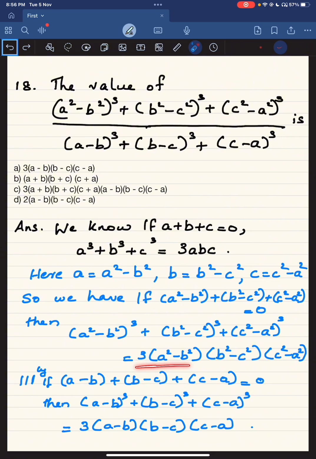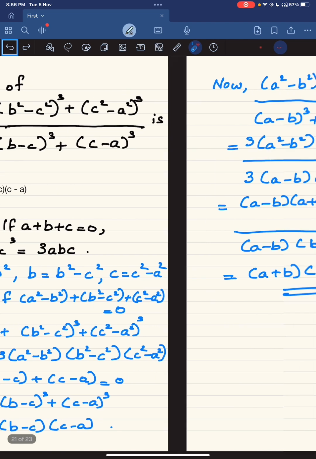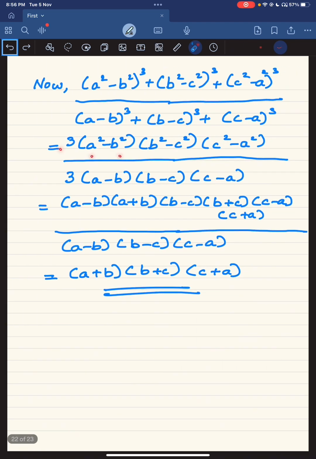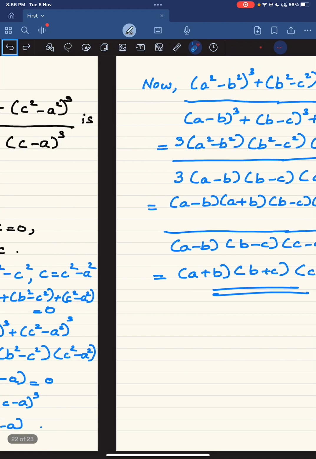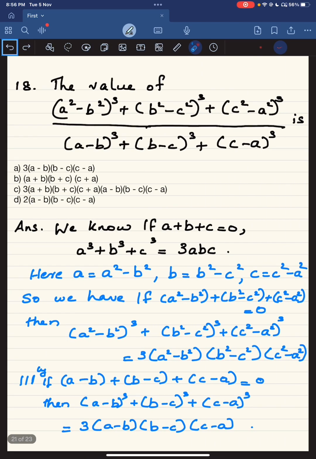So we can write this for this identity. So that becomes 3 into (a square minus b square) into (b square minus c square) into (c square minus a square). Also the denominator changes to another one, but before we got this. Let me give this as identity 1 and this as identity 2.